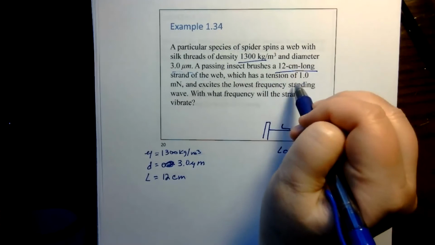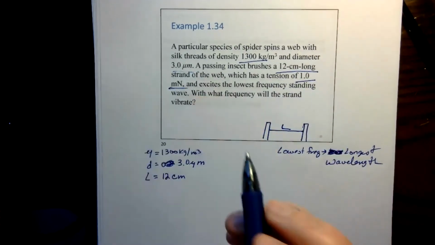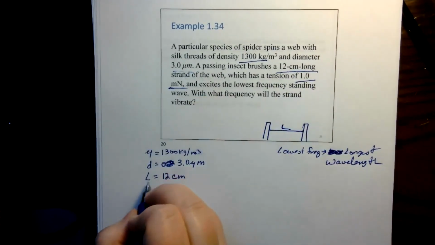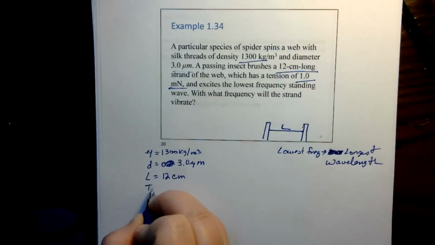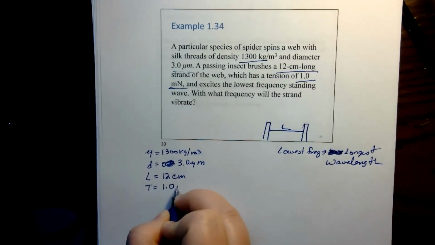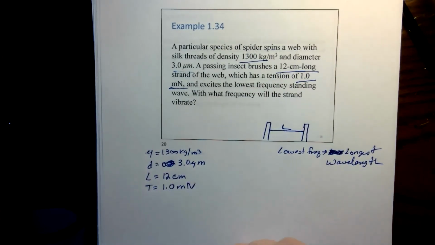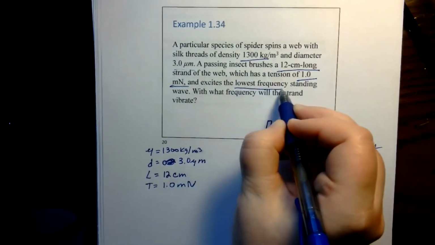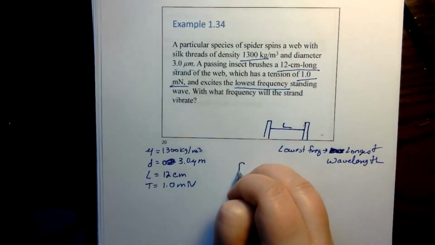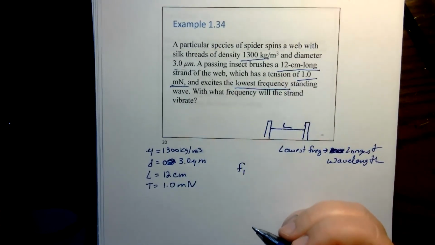And it tells us a tension, T, of 1.0 millinewtons. I think that's everything. And we said we are looking for the lowest frequency, so we want f1.